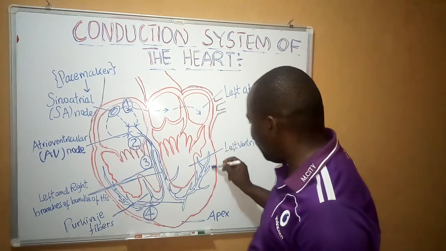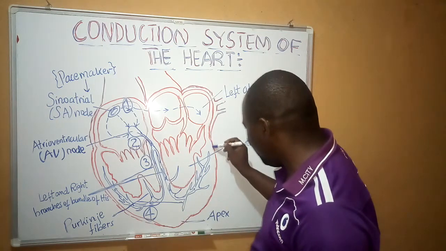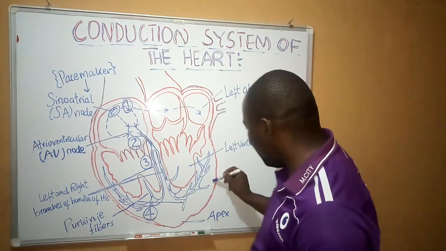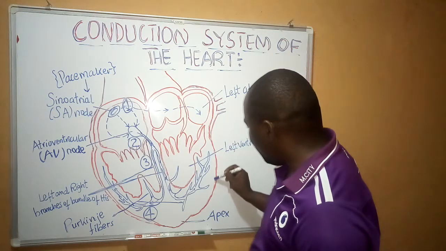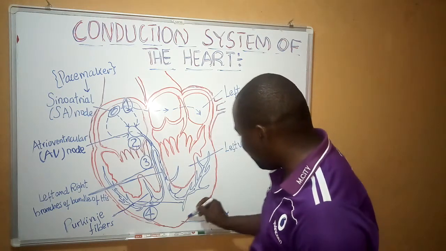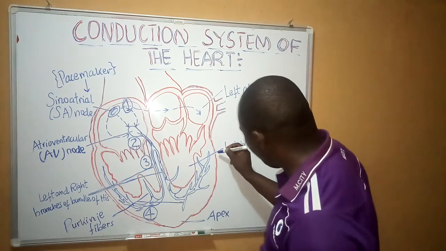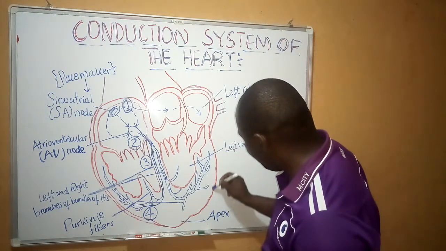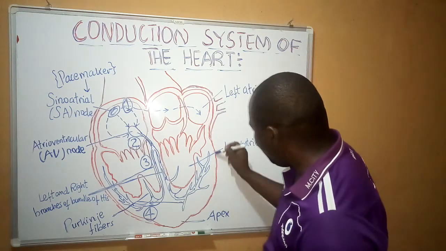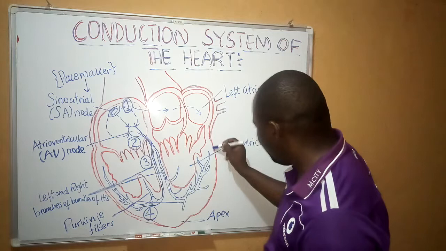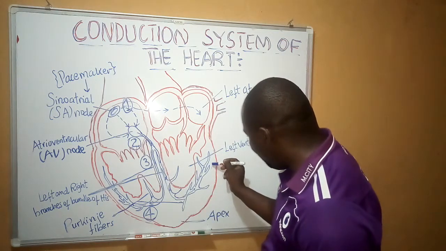The epicardium layer has two components. We have the outermost layer of the epicardium, composed of simple squamous epithelial tissue.